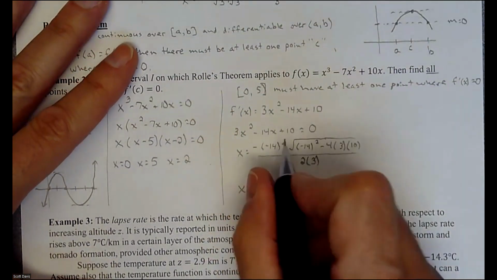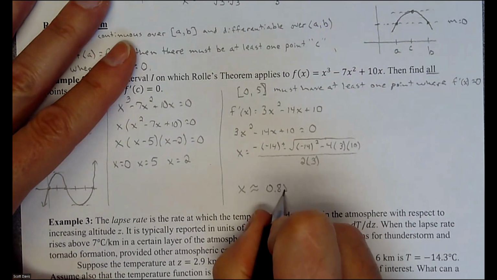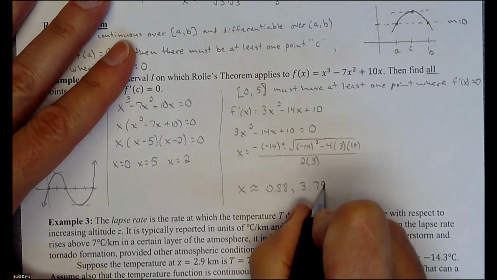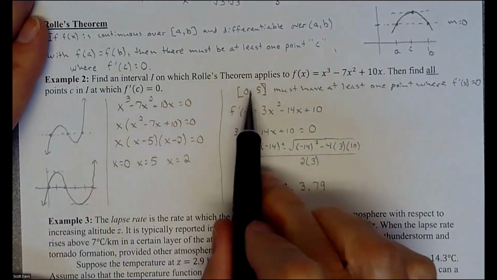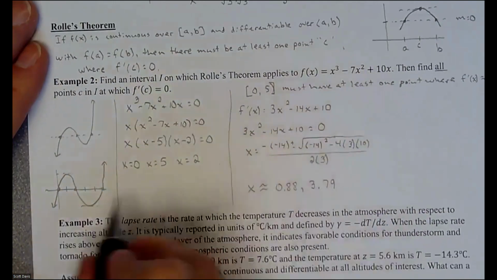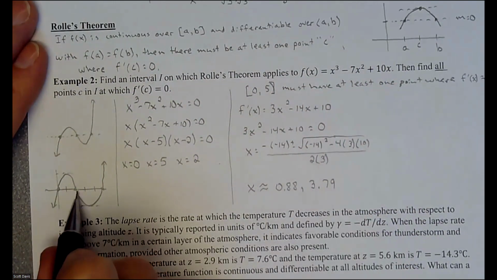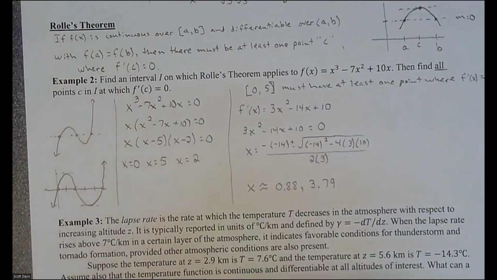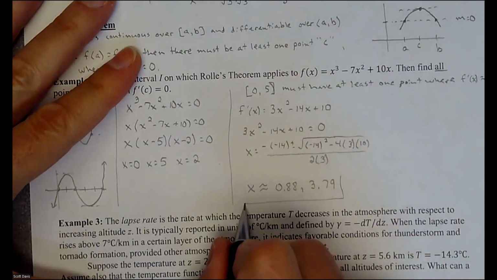If I throw that all into the calculator, the two answers that I would get would be 0.88 and 3.79. Right, so those two values are wonderfully between 0 and 5. So that 0.88 would be somewhere around here, and then that 3.79 would be somewhere around here, which also kind of agrees with what our rough sketch looks like.